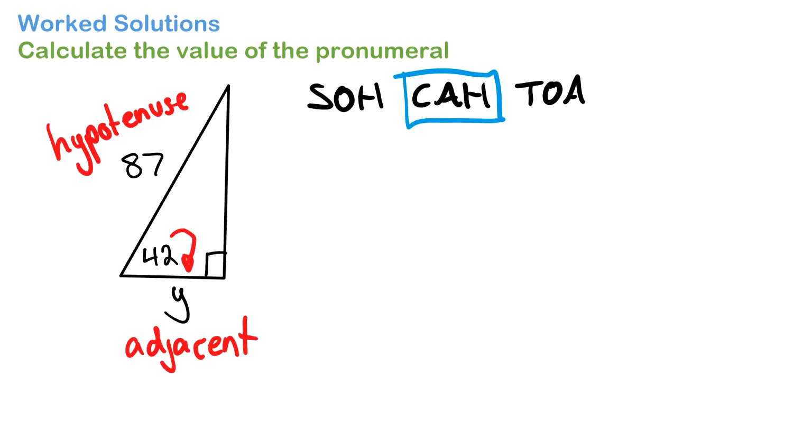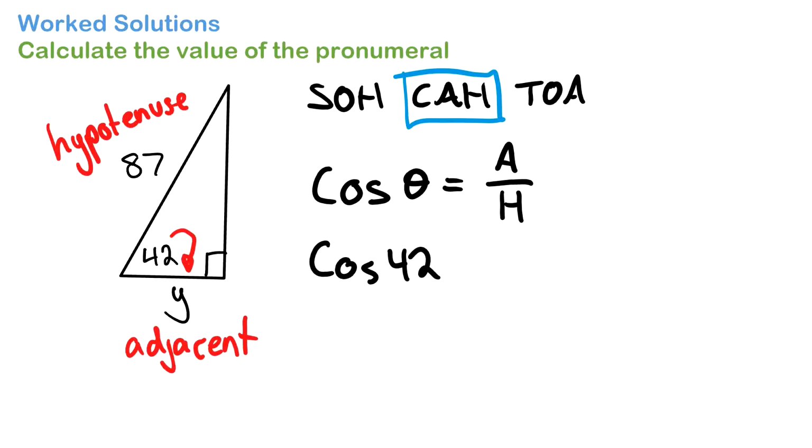So what that means is I'm going to be using cos theta equals adjacent over hypotenuse. I can start to fill these things out. Cos 42 equals my adjacent side, which is y, over my hypotenuse, which is 87. At this point, all we need to do is our normal rearranging.